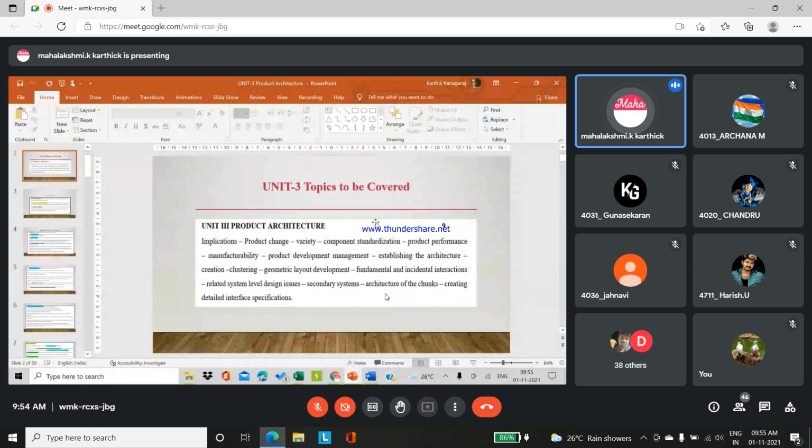So the first important half topic, that is, from the half unit, one question will definitely come. The important topics are implications and establishing the architecture. So if you are thorough with either one topic, then you can very well attend the unit 3 questions in the final exam properly. So today we will cover establishing the architecture, what we have left out.